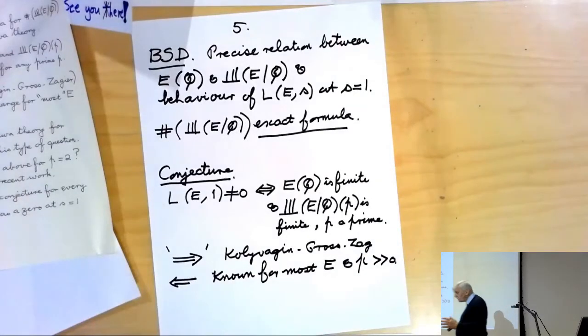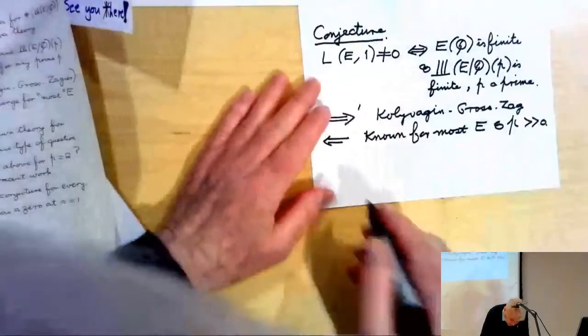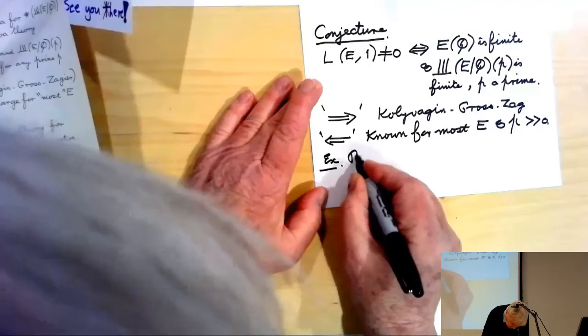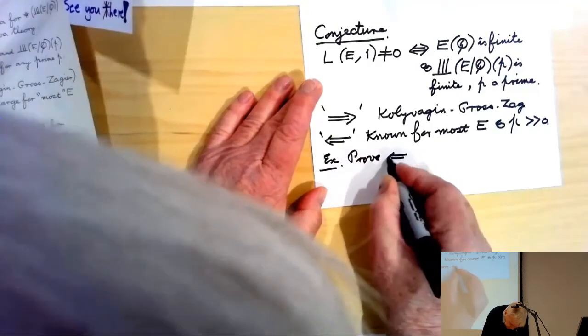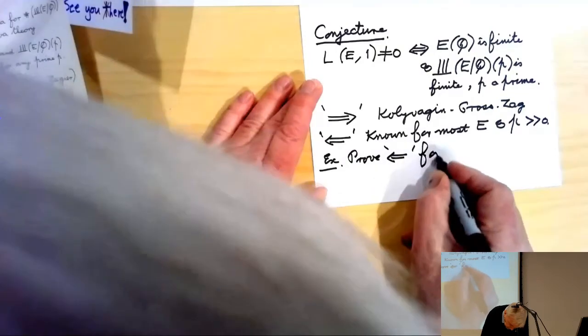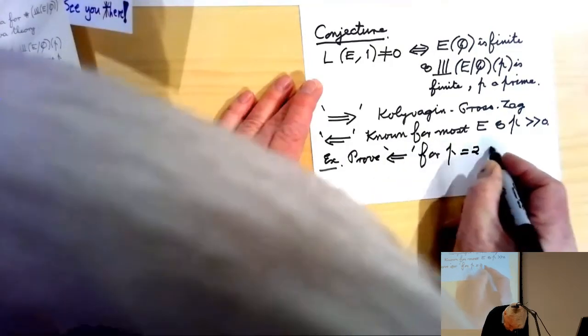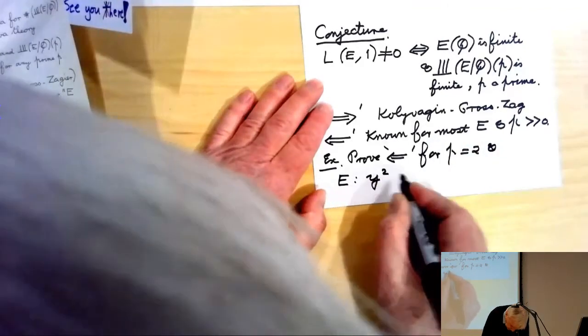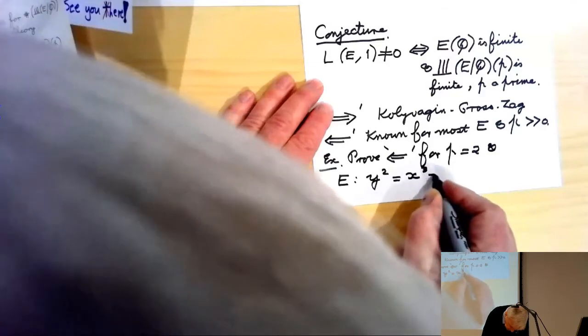But I stress that the whole Birch and Swinnerton-Dyer conjecture is a formula which works for every p. In particular, there is this very interesting question. Example: prove this for p equals 2 and the curve E: y^2 = x^3 - n^2 x, with complex multiplication, the congruent number curve.